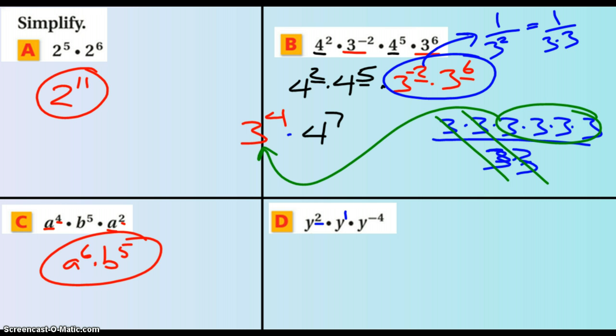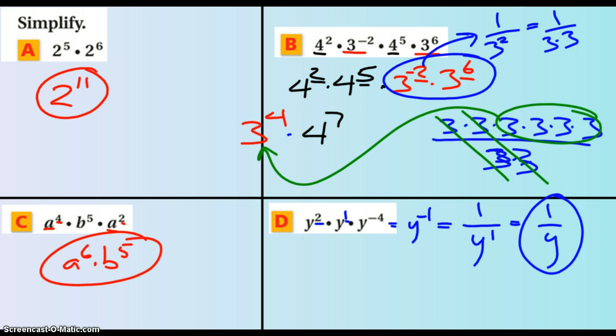So I can add 2 plus 1 and get 3, but then take and add negative 4, I get y to the negative 1, which is not simplified. I'd have to go one step further and say, well, this is the same as y to the negative 1, or 1 over y to the first, or just 1 over y. Alright, so that is multiplying powers that have the same base.